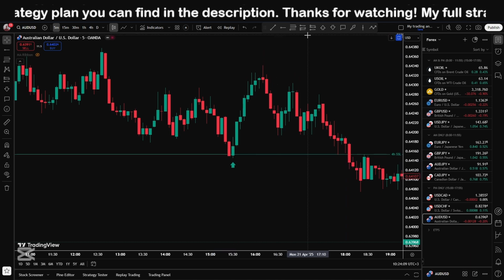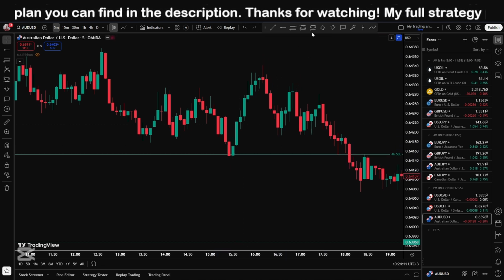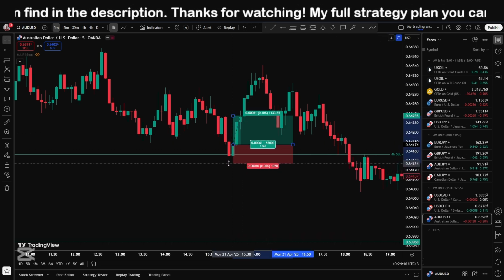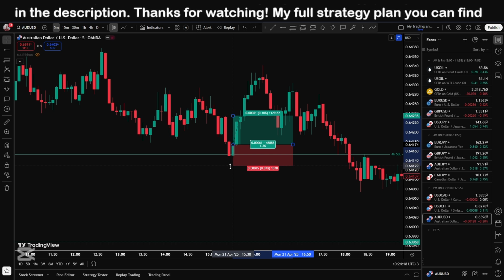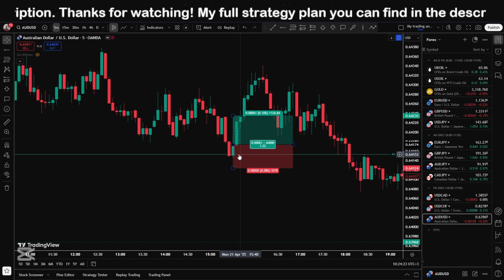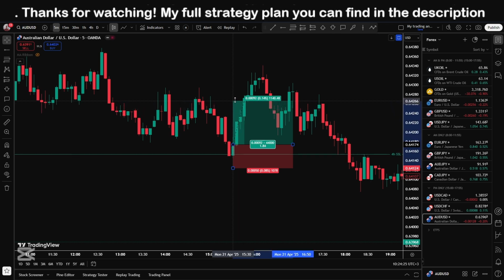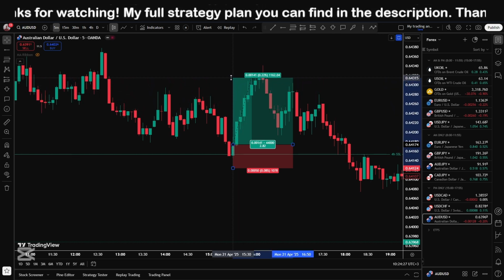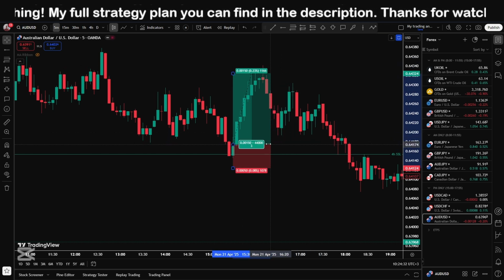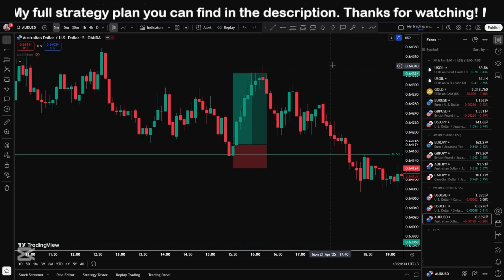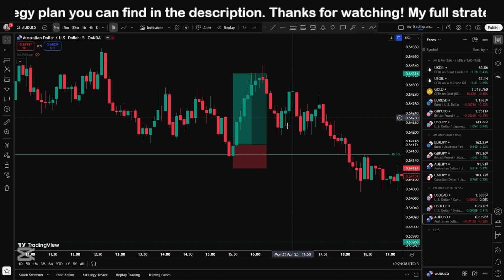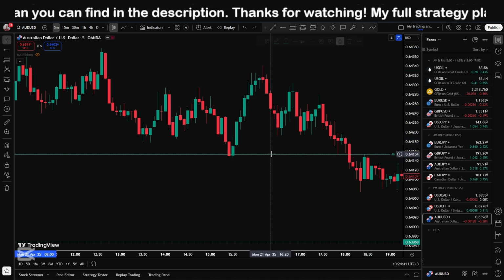We have a reversal structure. In that case, the stop was around here, around 5 points, and the risk reward ratio 1 to 3. You can see that this trade was in profit. That was the first one.